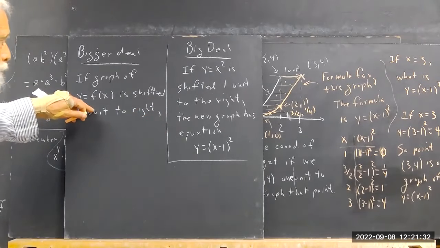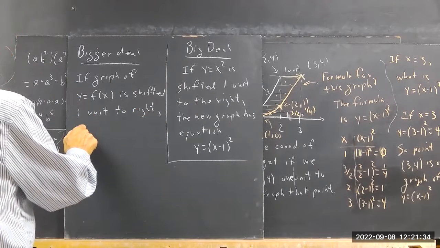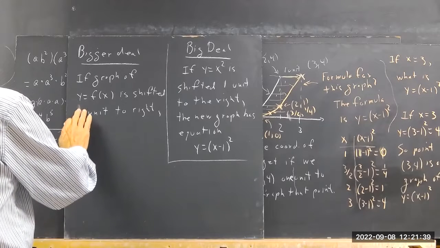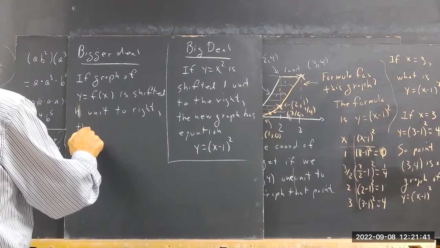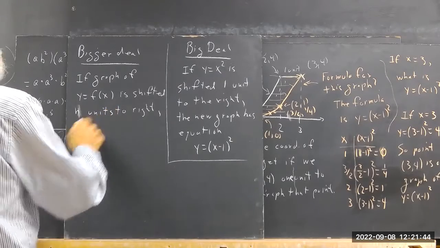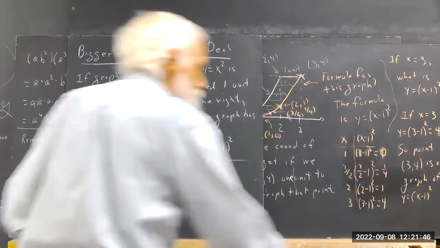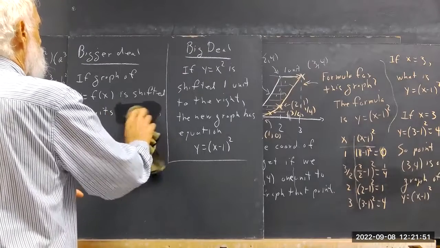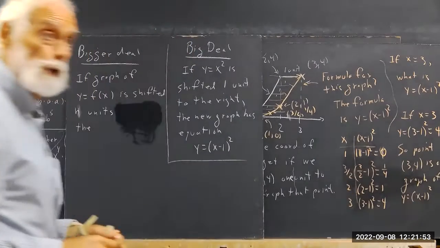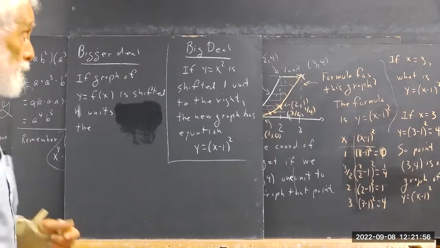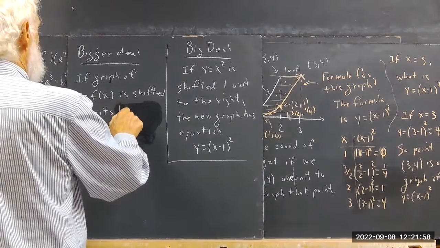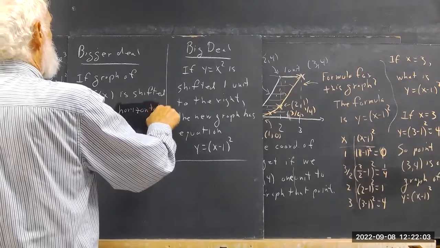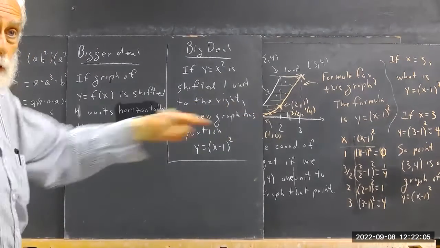If the graph of y equals f of x is shifted 1 unit to the right, and I'm not going to say h units, I'm not even going to say to the right, because you could also shift the graph to the left, right? I'll say horizontally. Horizontally means to the right or left.